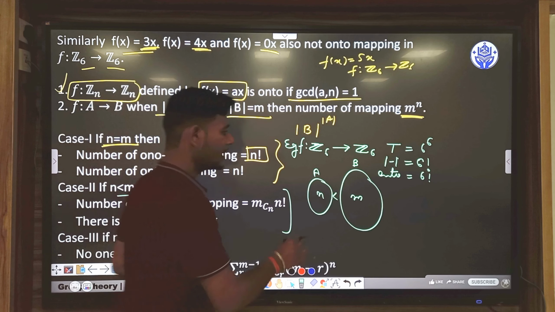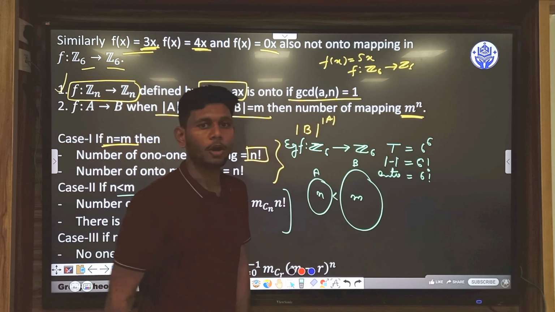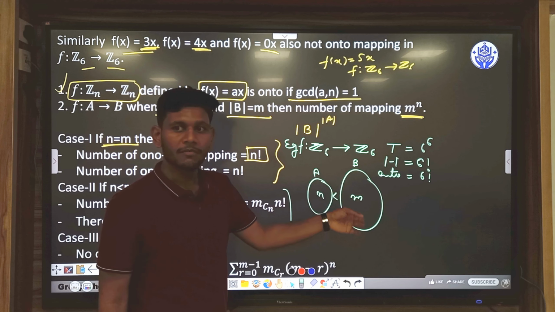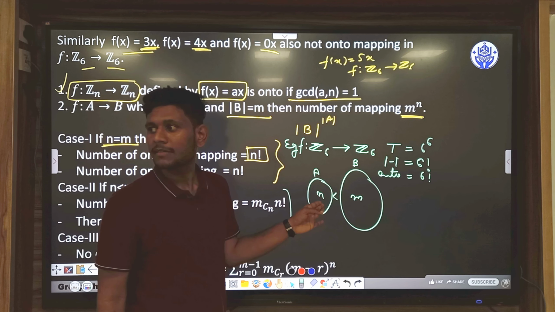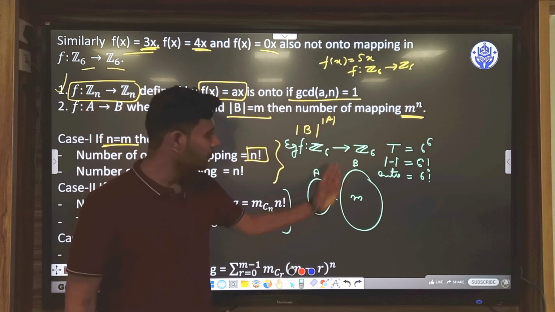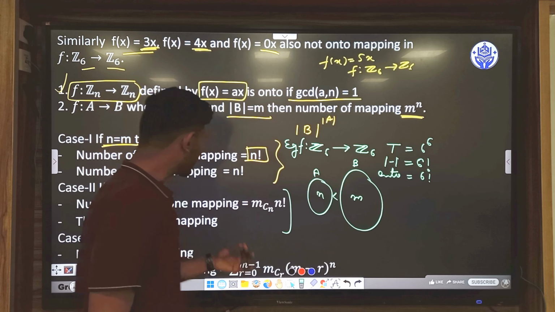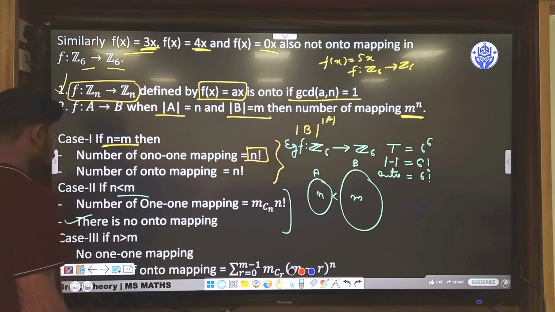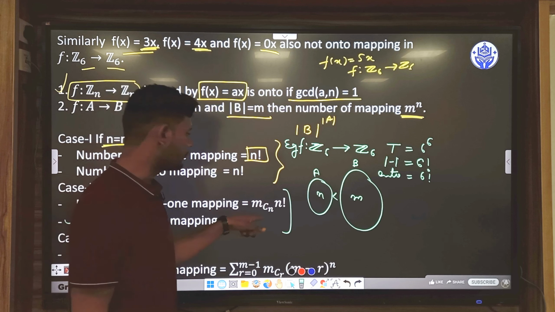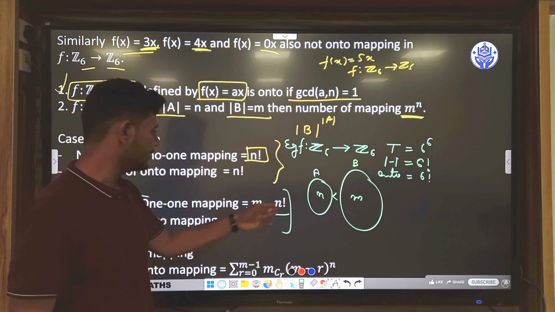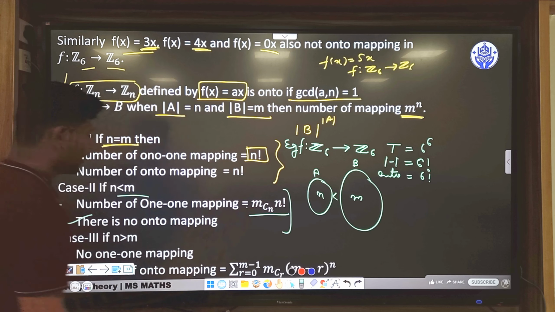But can you expect an onto mapping? Onto means each and every element of the codomain has a pre-image. In this case it can't cover the whole codomain, so there is no onto mapping. But how many 1-1 mappings are there? mCn into n factorial. These are the 1-1 mappings.